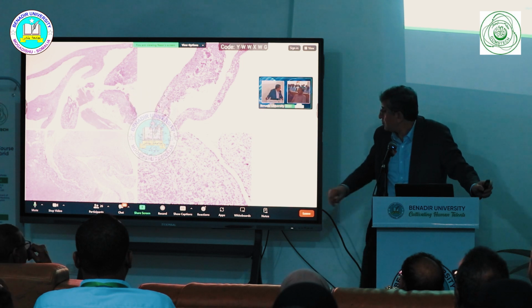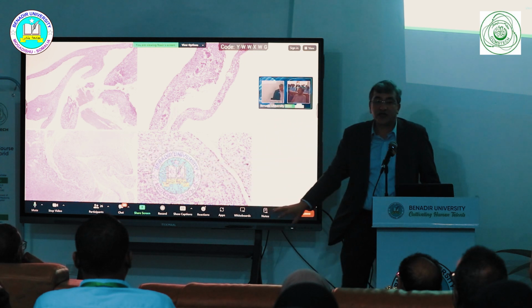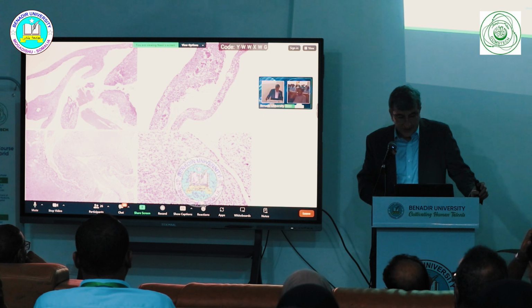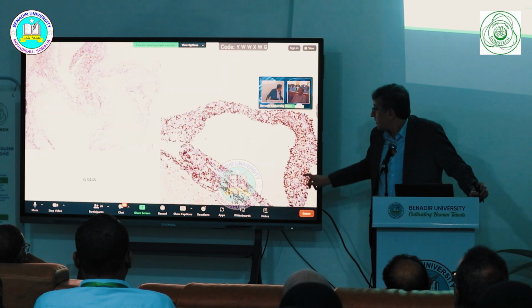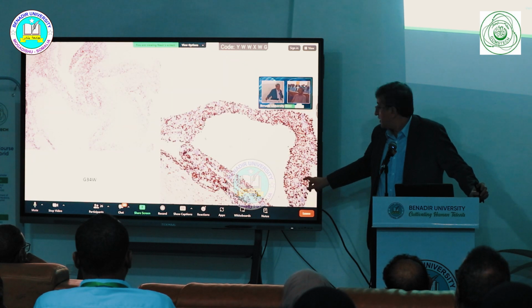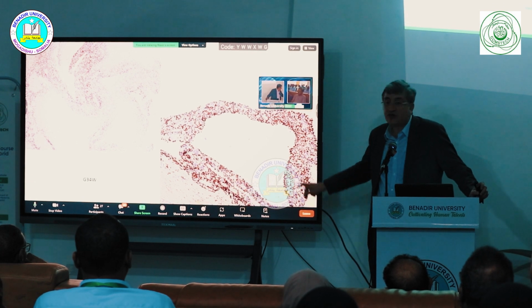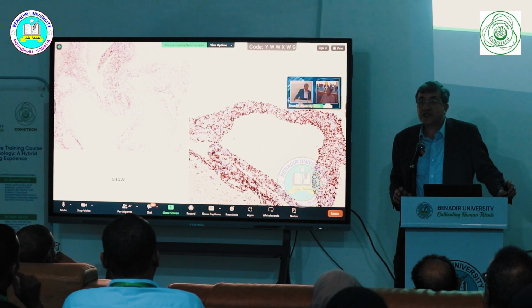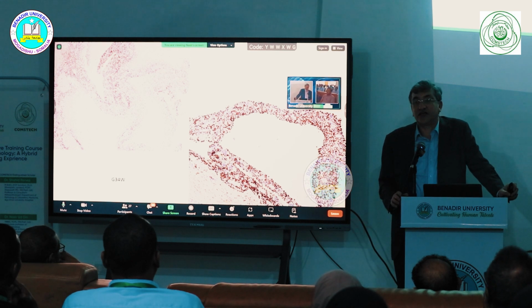Only this small portion of a relatively solid area is seen, which on H&E you cannot differentiate. So this is an immunohistochemical stain, H3G34W. It is positive in the mononuclear cells and negative in the giant cells. So this is giant cell tumor, which shows extensive secondary ABC-like change.